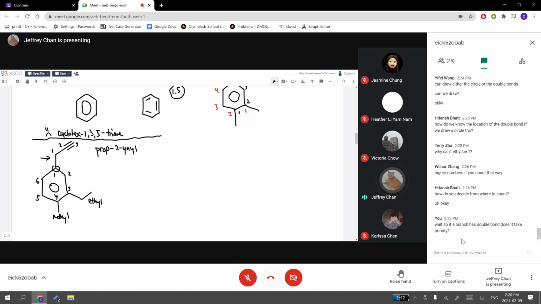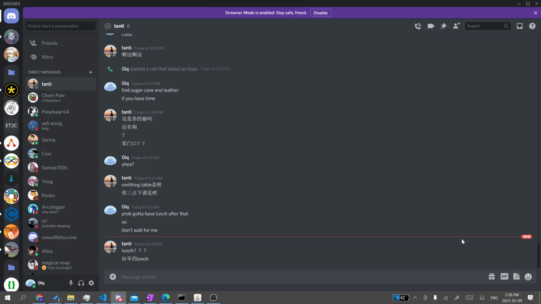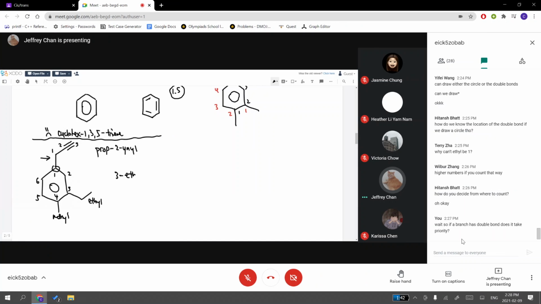Okay, so the whole thing together will be, let's see, 3-methyl, 3-ethyl, 4-methyl, 1-prop. Got to put a bracket there because there's a number there. I know. Benzene.